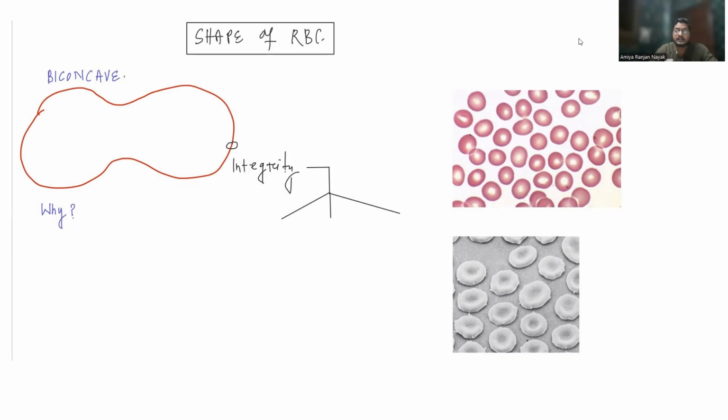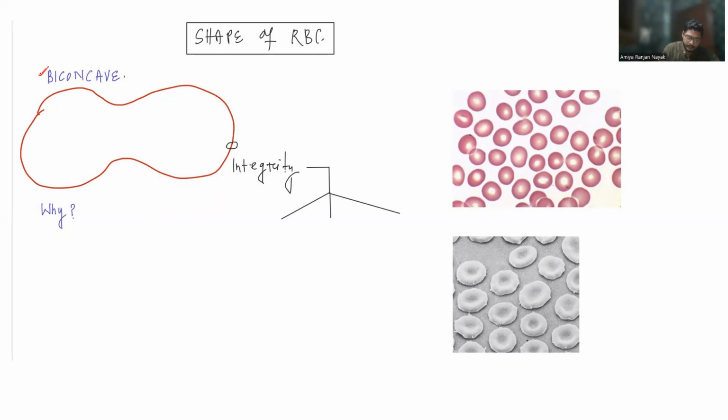The first thing is, what is the shape of the normal mature RBC? The shape of a normal mature RBC is biconcave, as you can see here. Now why is this biconcave? Because RBC has a bigger surface area, but the content inside is less.